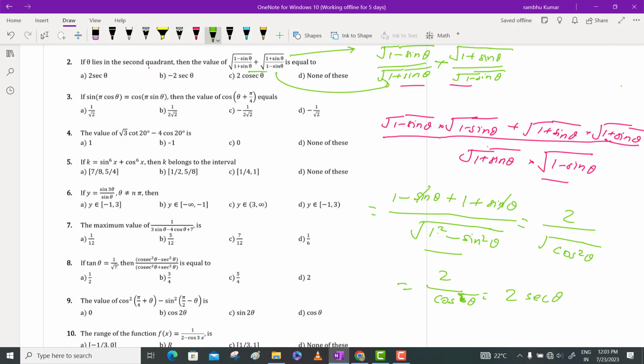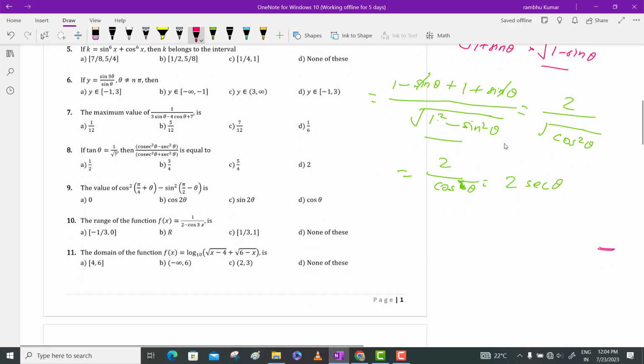And here in the question it is given that theta lies in the second quadrant. If theta lies in the second quadrant, so you all know, in the second quadrant sec is negative, so the final answer is minus 2 sec theta.